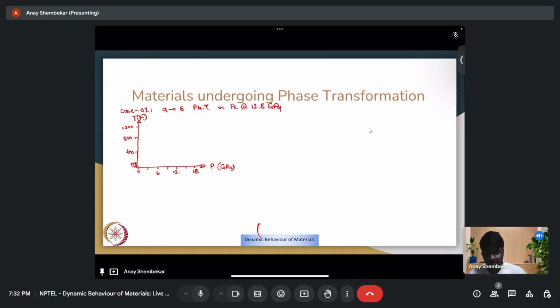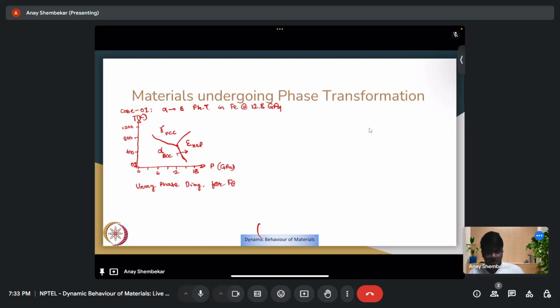Right. So what happens is there's a triple point somewhere here. What is a triple point? We'll also look at that. This is your gamma, which is FCC. This is your epsilon, which is HCP. This is your alpha, which is BCC. So phase transformation occurs somewhere like this, at room or low temperatures itself. So this is a unary phase diagram for iron.